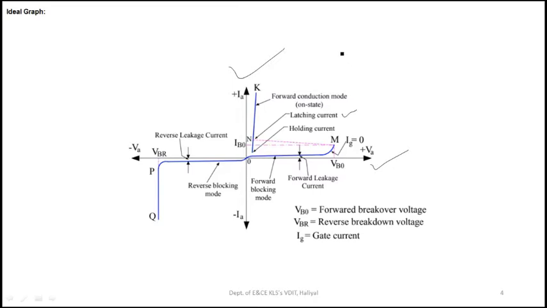Below the holding current, this portion, it is off. We have to analyze this using these plots, that is the observations. You have to vary VAK and correspondingly note down the IAK value, and depending on the triggering, you can calculate the holding current and latching current.